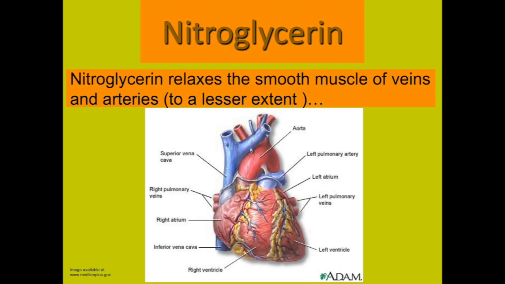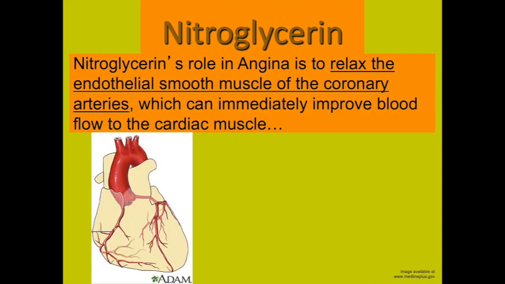This is where we would apply a nitroglycerin tablet underneath their tongue. So if we've relaxed that endothelial muscle of the coronary arteries, it's going to hopefully improve blood flow with that highly oxygenated blood for that oxygen that we've already put on the patient with a simple face mask or a non-rebreather face mask.